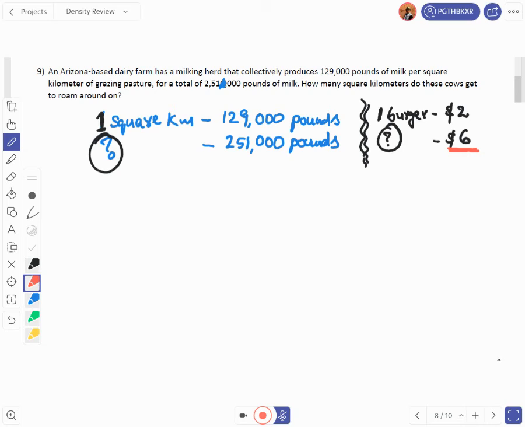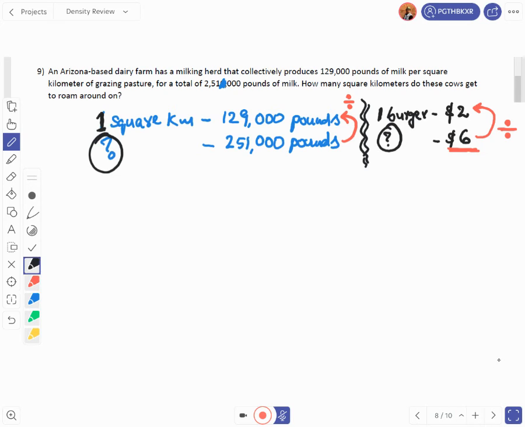How did you get it? Did you add, subtract, multiply? You may say that no, you divided. So 6 divided by 2 gives you the 3 burgers as the answer. The same technique I'm using here, if you divide here, then you get the answer, as simple as that.